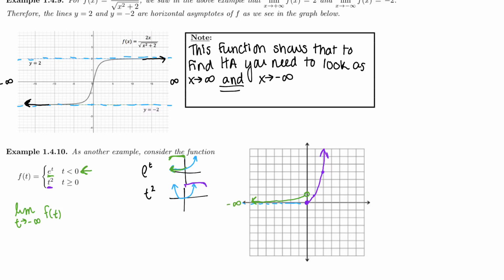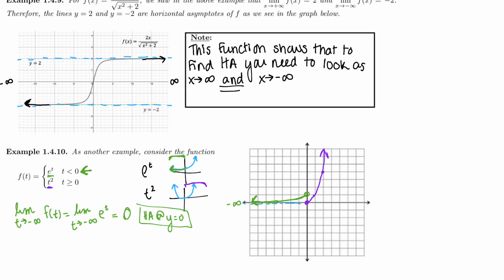And because this graph levels out and has a horizontal asymptote at y equals 0, this limit, as t approaches negative infinity, so we're using the e to the t part because negative infinity is less than 0, this limit is 0, i.e. there is a horizontal asymptote at y equals 0.